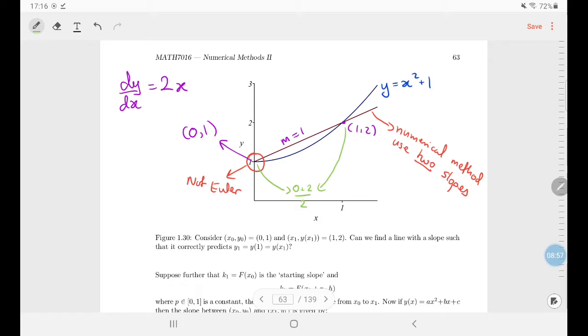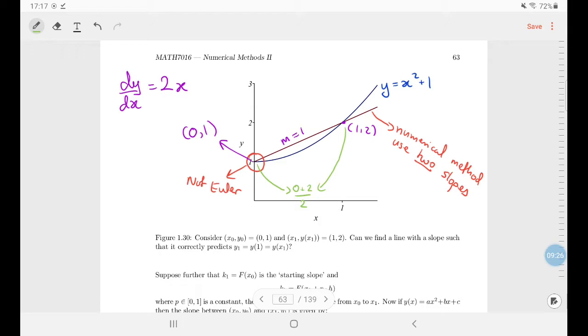So what I'm saying is that if the solution is a quadratic and you take a line as a numerical approximation that takes the slope at x_i and x_{i+1}, so at the current point and the next point, there's no predictor here because the derivative is independent of y. And if you average those two slopes, which is basically Heun's method, you get zero error.